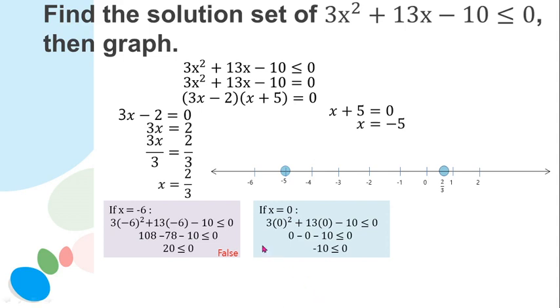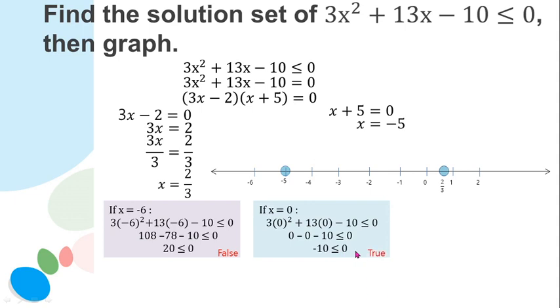So we have 3 times 0 squared plus 13 times 0 minus 10. Is it less than or equal to 0? Multiplication by 0 is 0. So 0 minus 10 is negative 10. Is negative 10 less than or equal to 0?